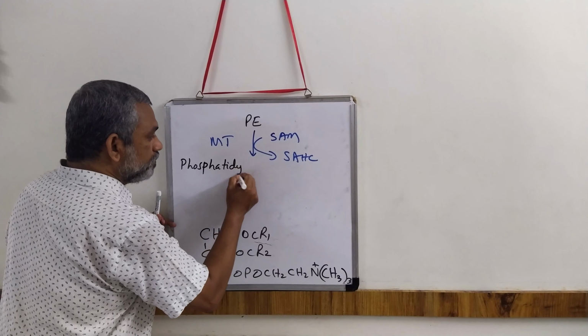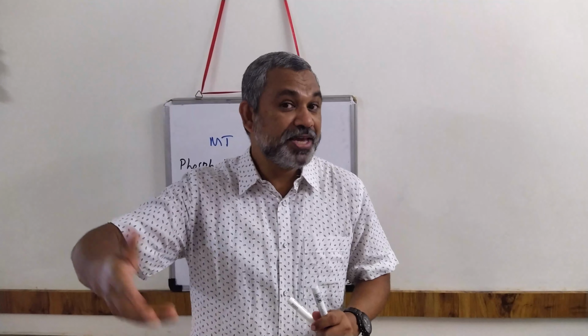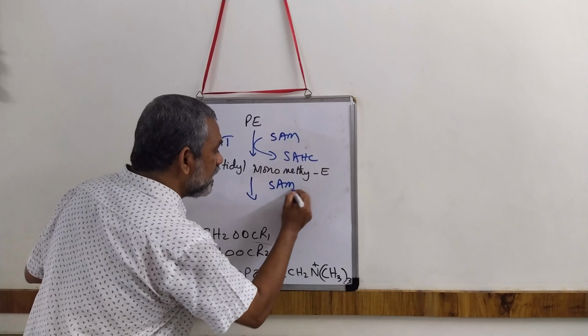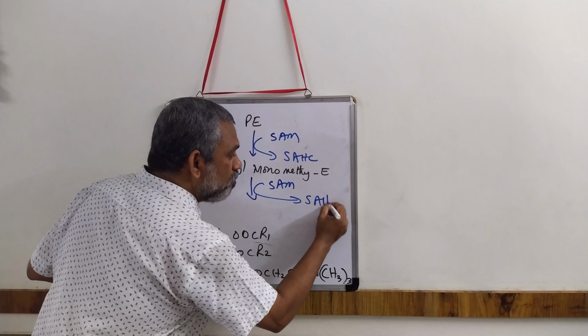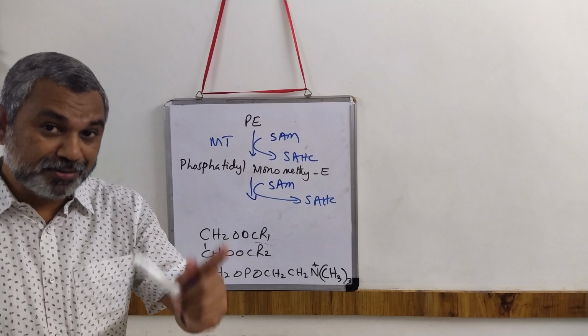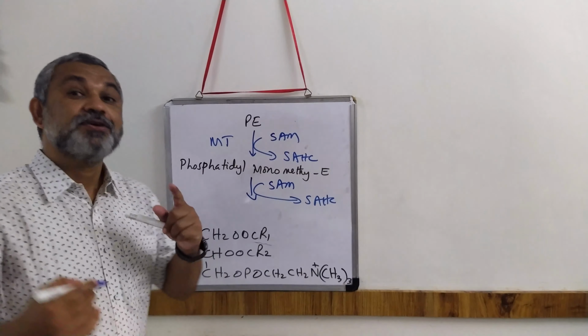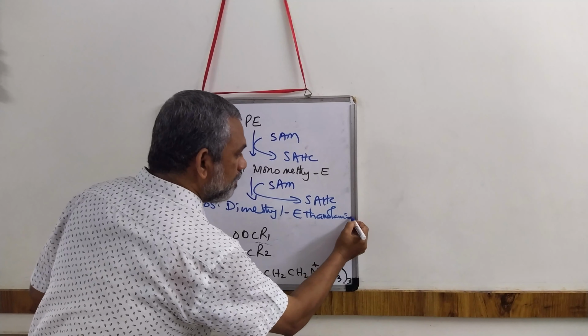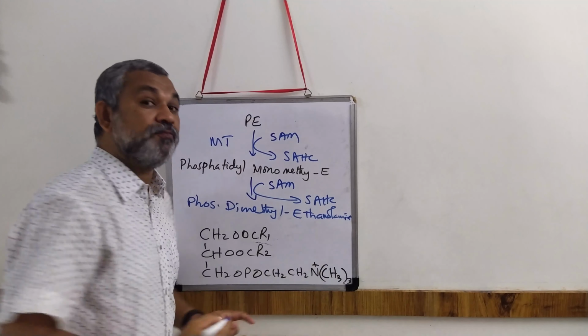Similarly, we can do a second conversion. The second time, S-adenosyl methionine is added, S-adenosyl homocysteine is removed, and a second methyl group is added. We get phosphatidyl dimethyl ethanolamine.